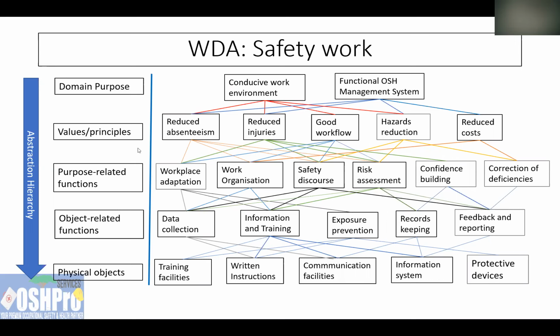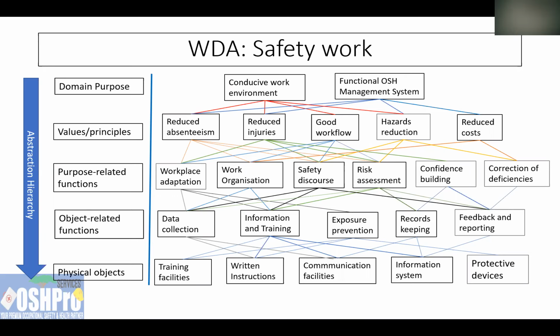You can have several functions, and the more purposes you have, the domain purpose, the more complex this will become. But when you take the first one, you may have 10 purposes, which is just a lot. It's not possible to do all of that at once.